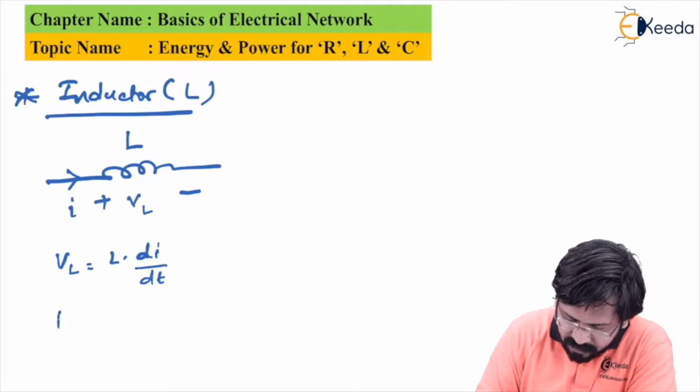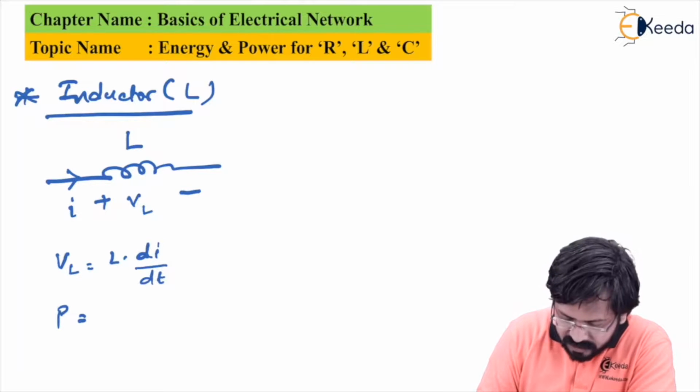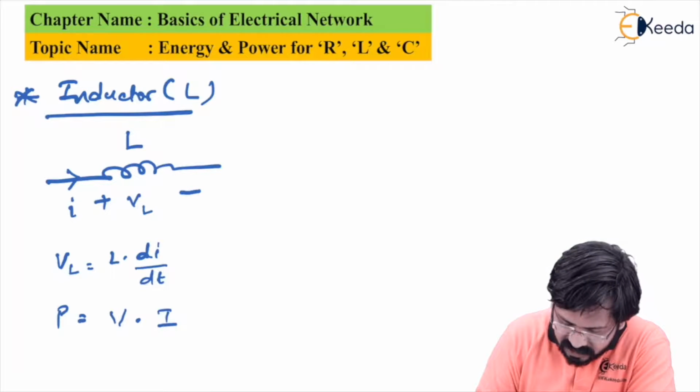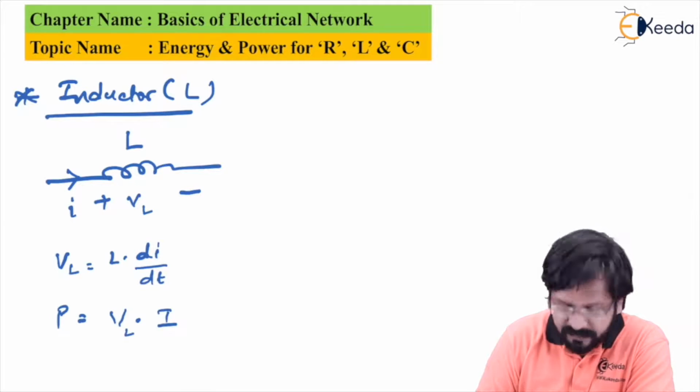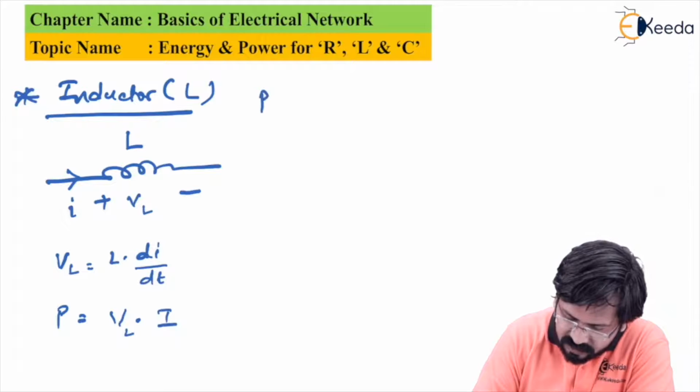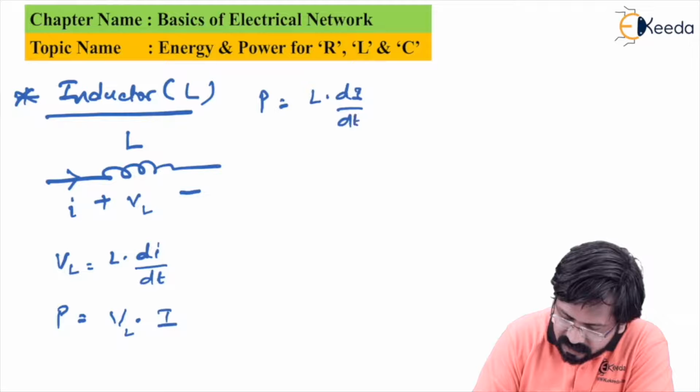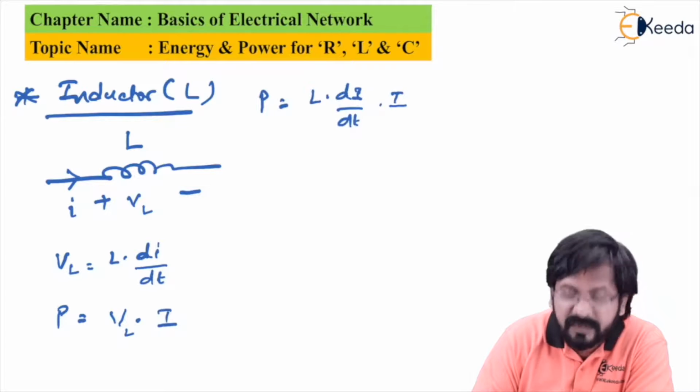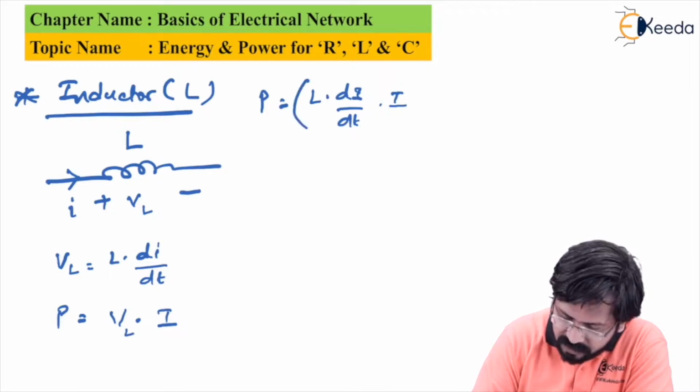For calculating power, we know it is voltage times I or V into I. In this case, I will say it is VL into I. So in this case, P will be equal to L into di by dt times I. The unit for power will be watt.